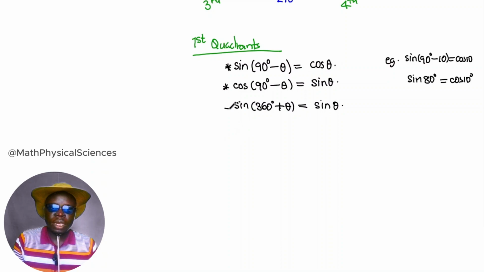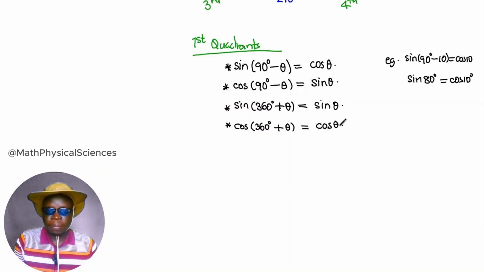Now let's move on and look at cos. So for cos of the same angle, that is 360 plus theta, this is equivalent to cos of that same angle theta.